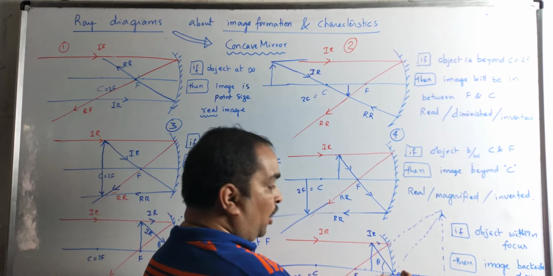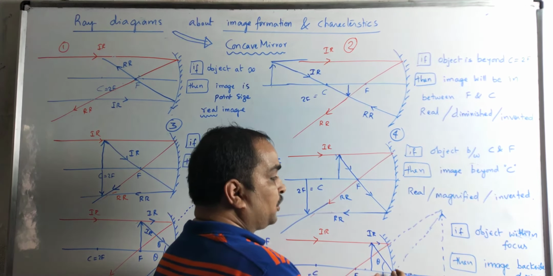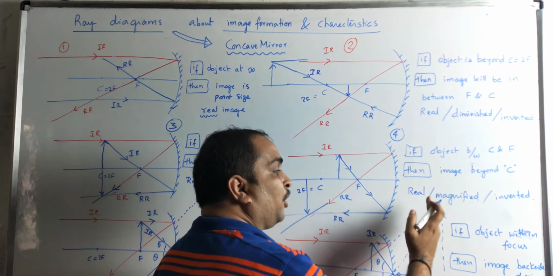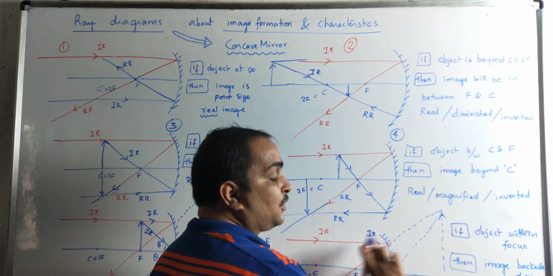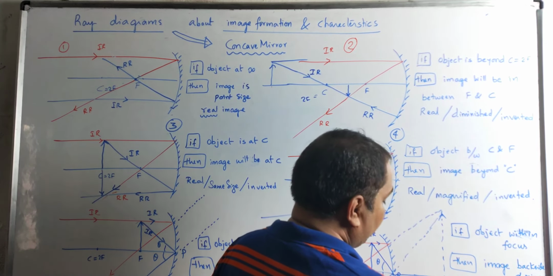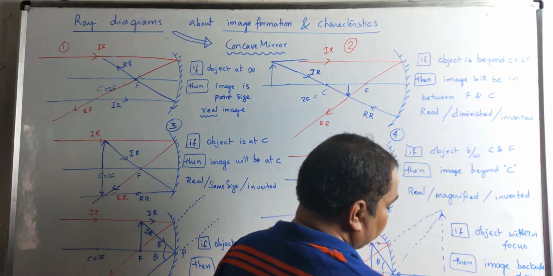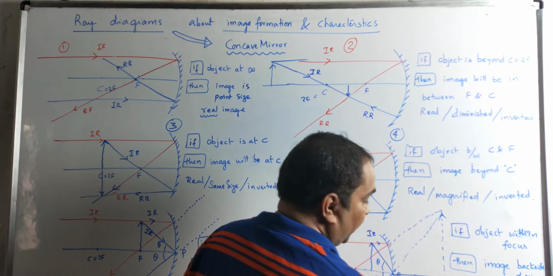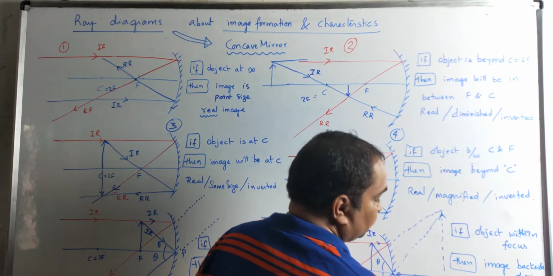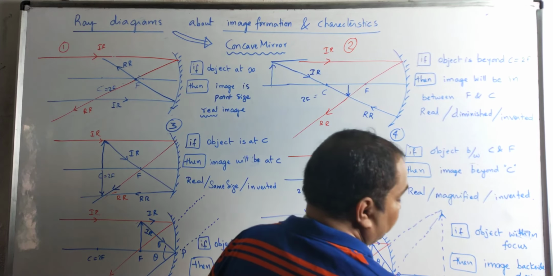The distance depends on how you place the object. Suppose you go closer, then the size will come down from infinity slowly, and once you attach the object to the mirror, the image also gets attached. So these are the things that will happen. So it is not real now, it is virtual. Compared to the object, the size will be bigger, always magnified. This is standing, this is also standing. All other images are inverted, so this is erect.